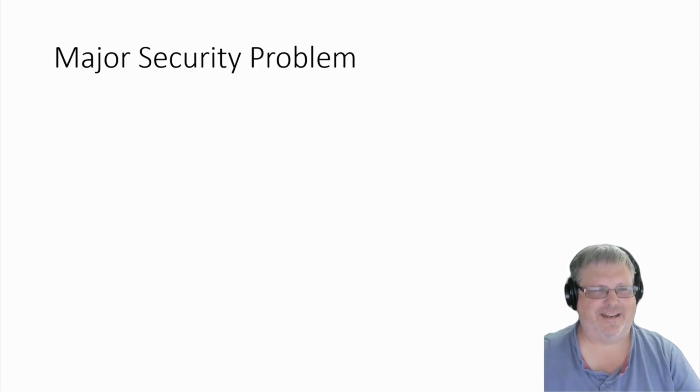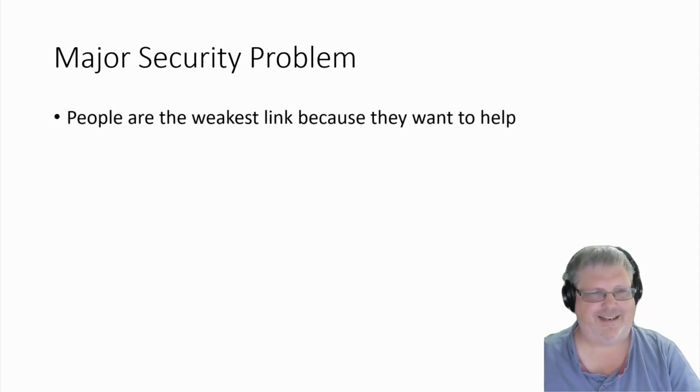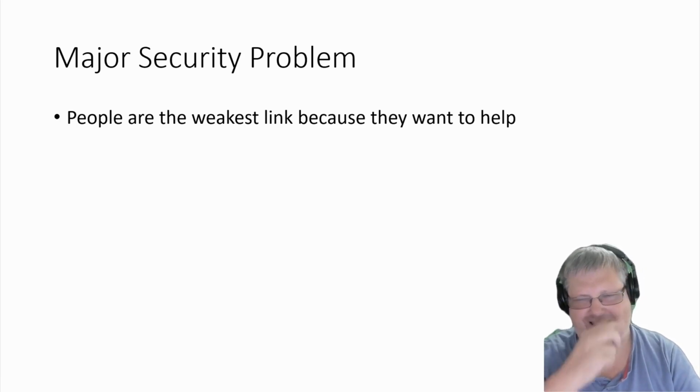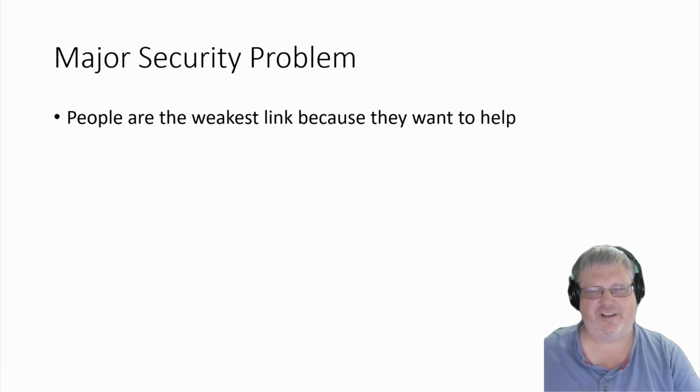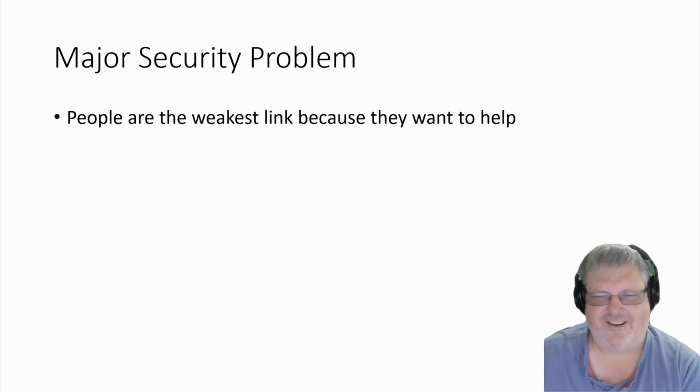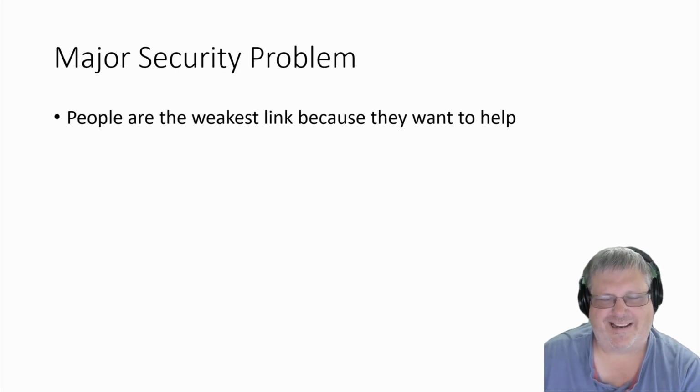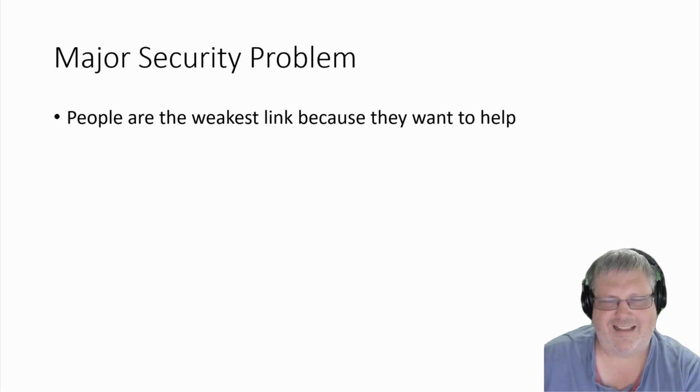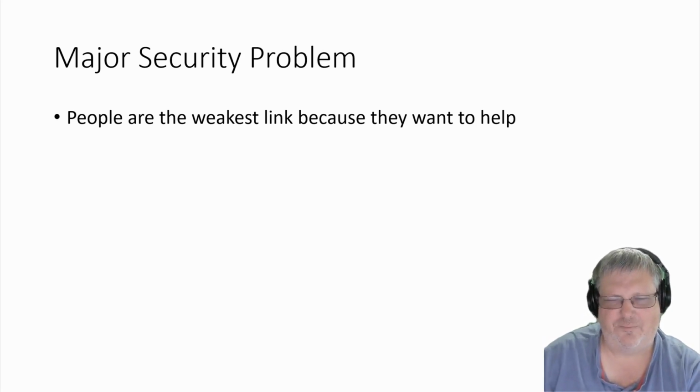This has become a major security problem because people are the weakest link, because they generally want to help whoever asks them questions. Social engineers know that, so they plead or use psychological techniques to get them to tell them what they need.